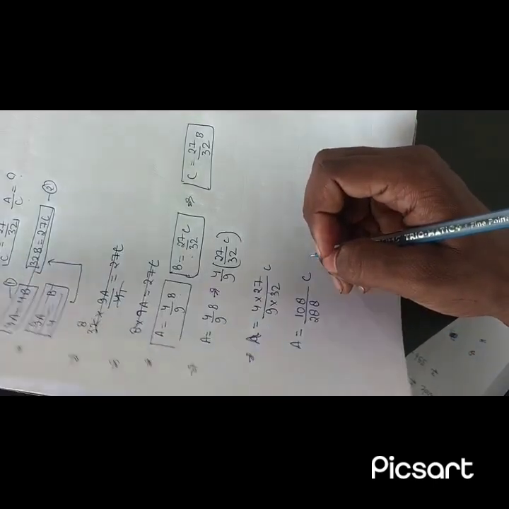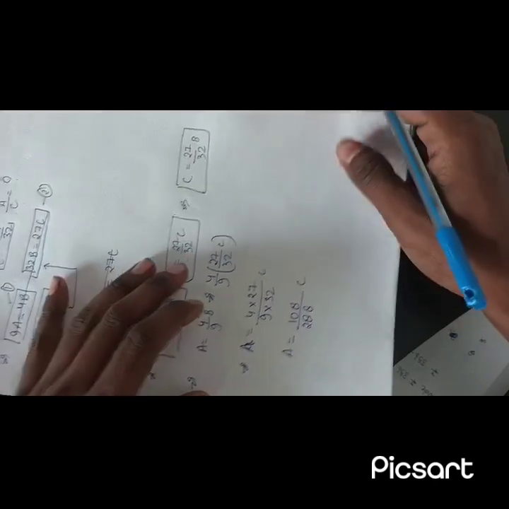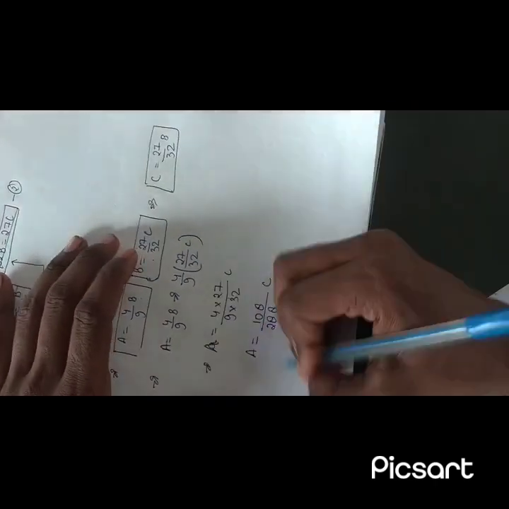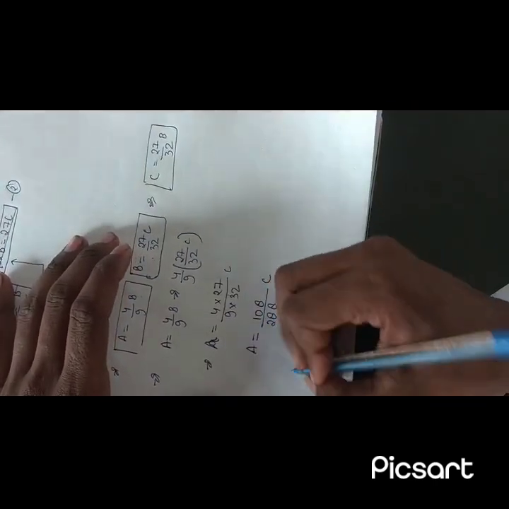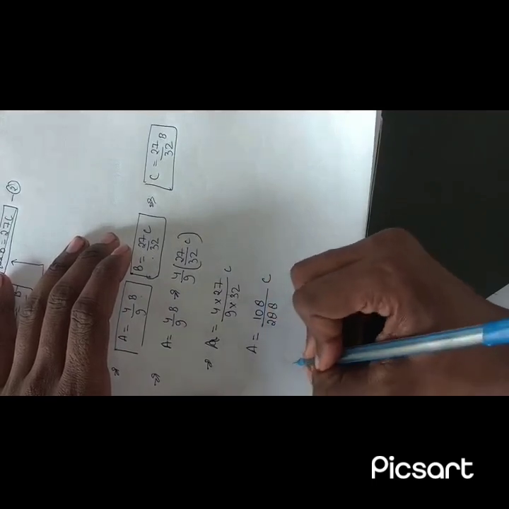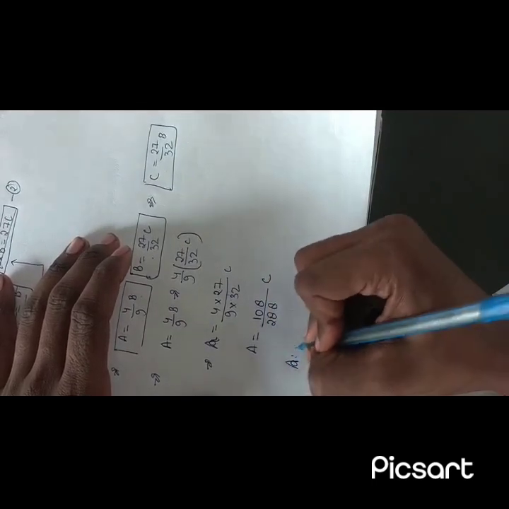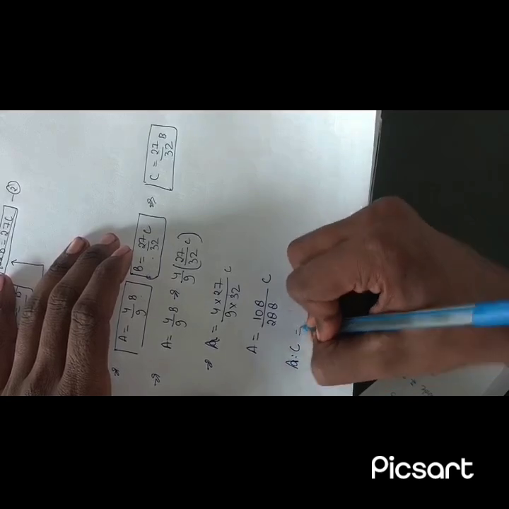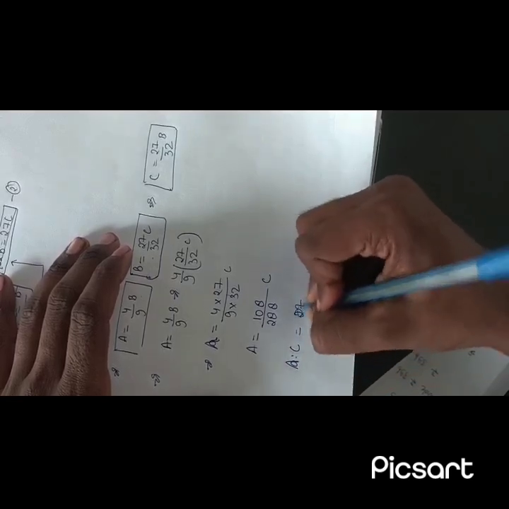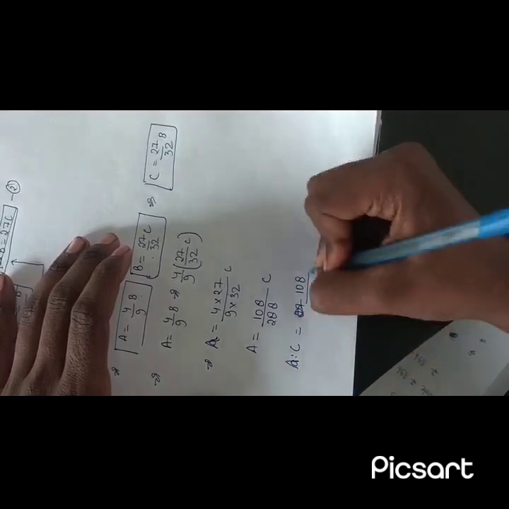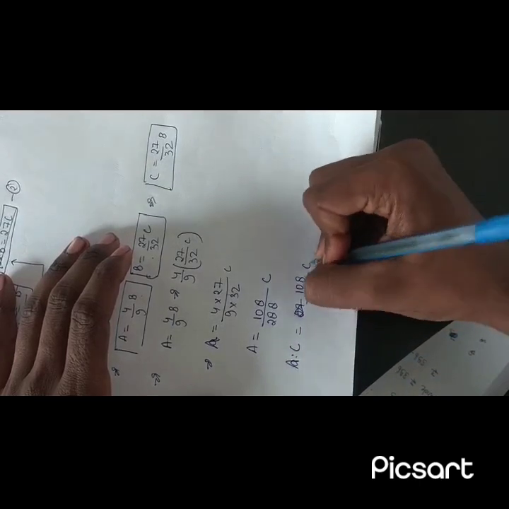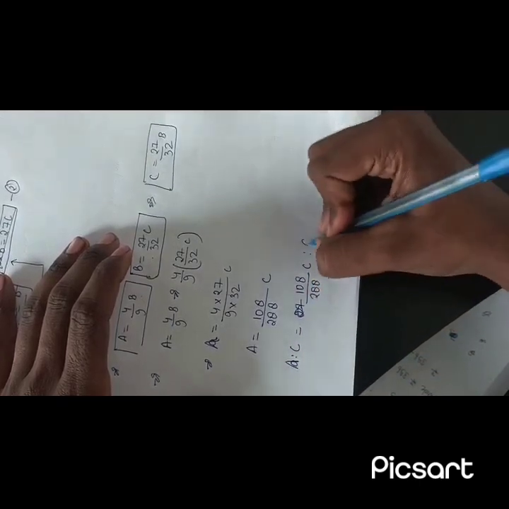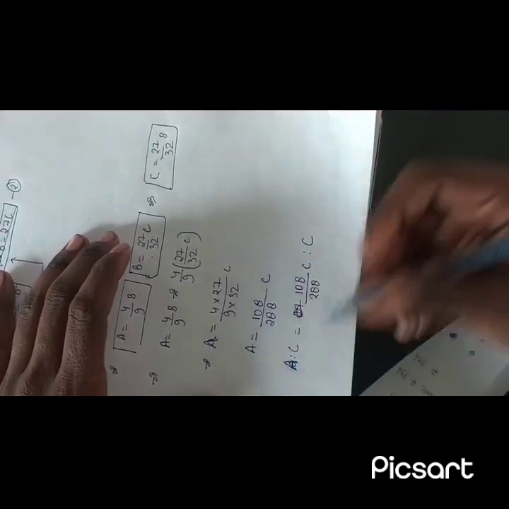Okay, now we have to find the ratio, right? We have to find the ratio a is to c, which is equal to 108 upon 288 c ratio c. Okay, this we have to find out.